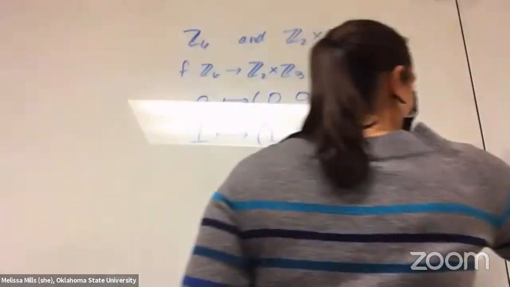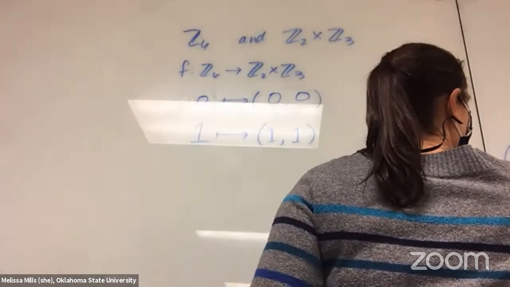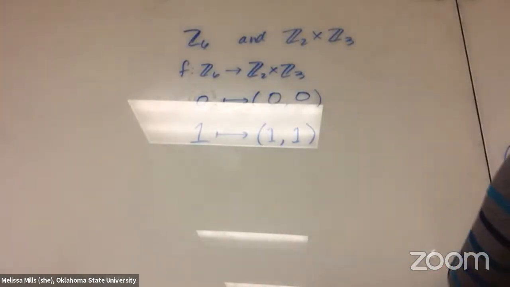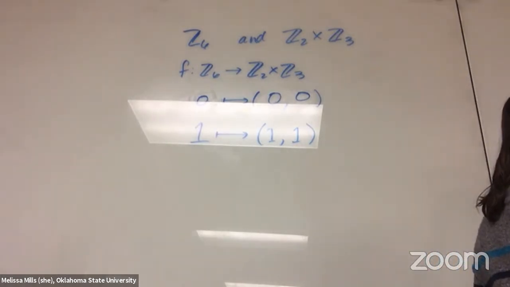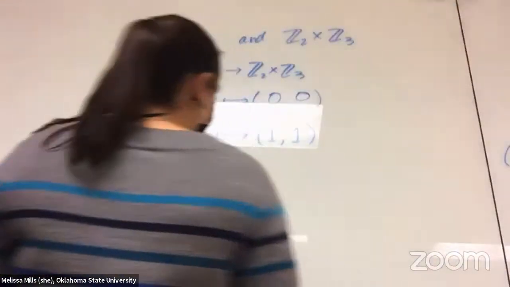But if I have some (A, B) and I multiply it by (1, 1), that's going to give me (A, B): A times 1, B times 1. And since we have commutativity here, it's going to work the other way too. So (1, 1) is going to be my 1 element there.